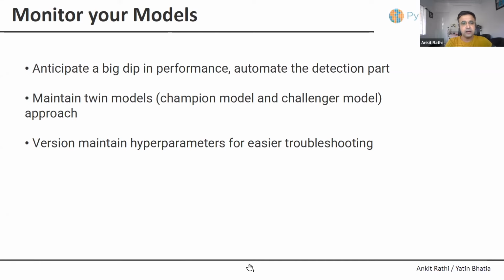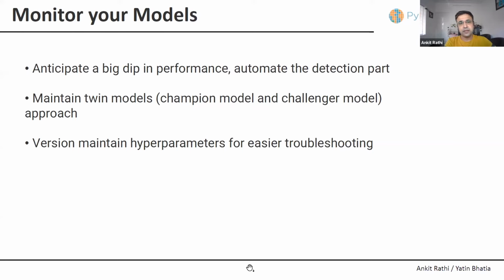So we need to have a challenger model as well, which we can take up to pre-prod. Suppose we have updated our model on a weekly or monthly basis, we can put it in the pre-prod environment for some time and see the performance of both the champion model as well as the challenger model.